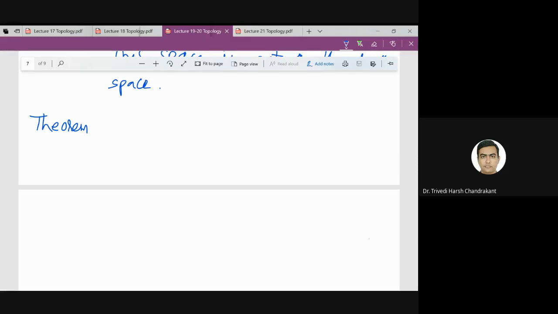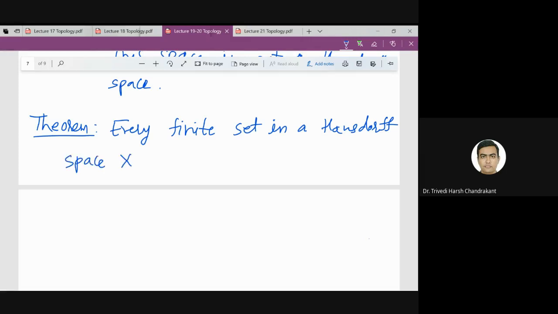Every finite subset of R is closed in R. The same property holds for Hausdorff spaces also.